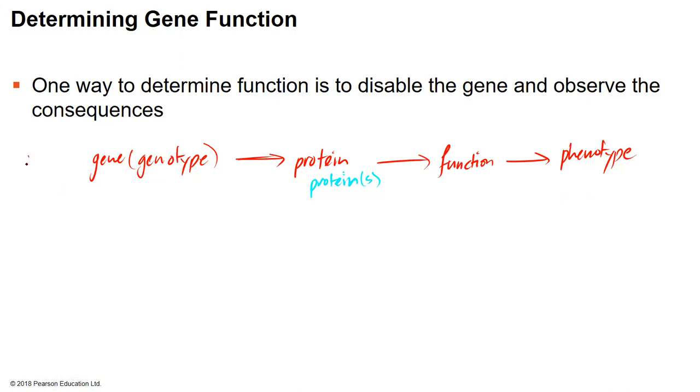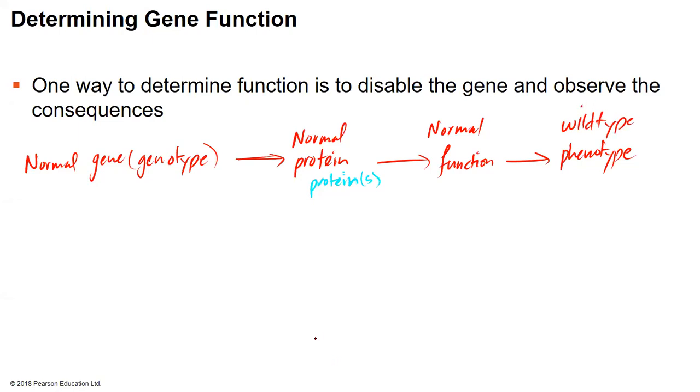So if we have a normal gene, we have a normal protein, normal function, and we have a wild type phenotype.